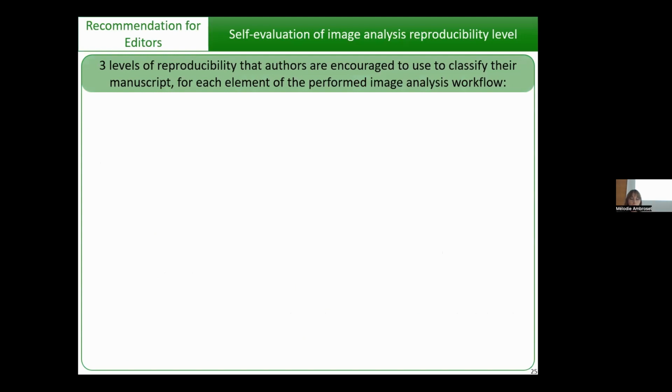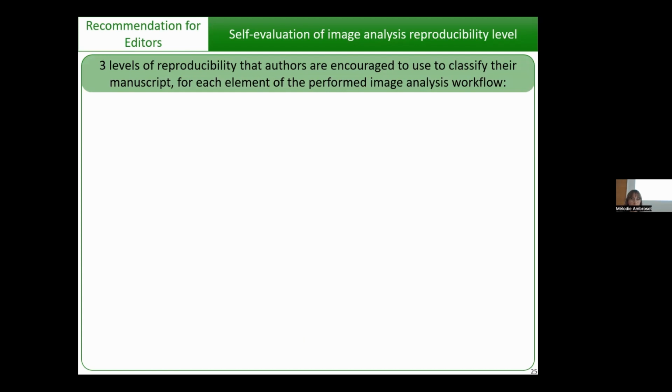So finally, I want to just mention a recommendation that they made for editors. As I said, there is no simple set of guidelines or rules that editors can implement that will be useful and fit everybody out there.